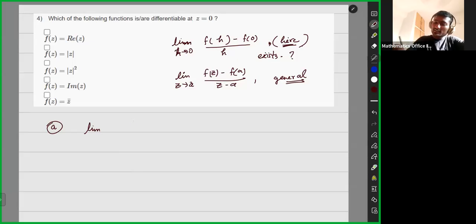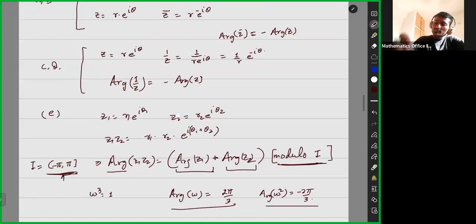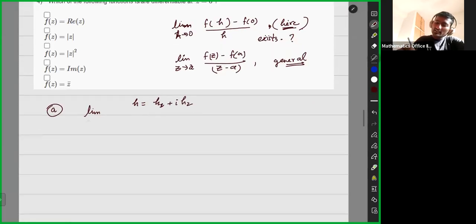So let h equal h1 plus i h2, because h is also a complex number. Z minus a is a complex number. So limit h tends to 0 means h1 and h2 both tend to 0, and f of h becomes h1, right? Minus f of 0, which is the real part of 0, which is 0, divided by h. What is this limit value?